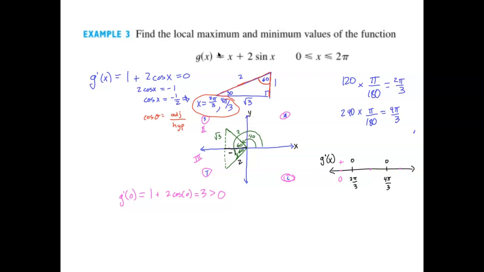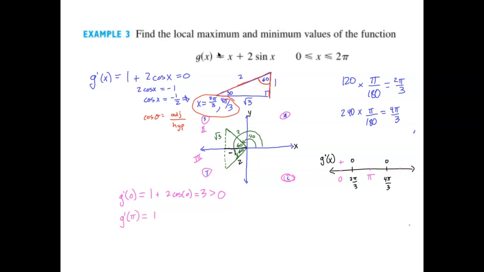All right. Well, I need a number on this interval. Can you guys give me a number in between 2 pi over 3 and 4 pi over 3 to test? What's a number that's between 2 pi over 3 and 4 pi over 3? Pi, good. 3 pi over 3, right? So let's test pi. So g prime of pi.